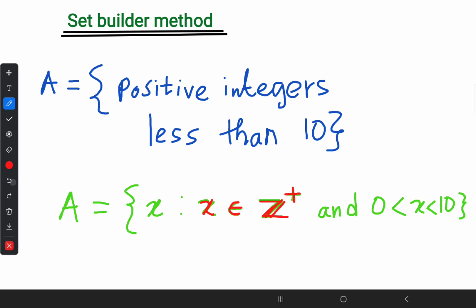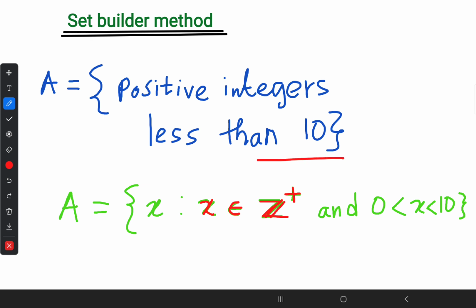This is one condition. Next condition, less than 10. Less than 10 means 9, 8, likewise 2, 1, 0, negative 1, negative 2. So with less than 10 only, we cannot give a range. Since it is positive, definitely it should be greater than 0. Positive means greater than 0.